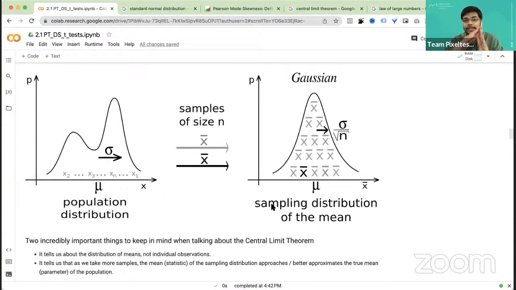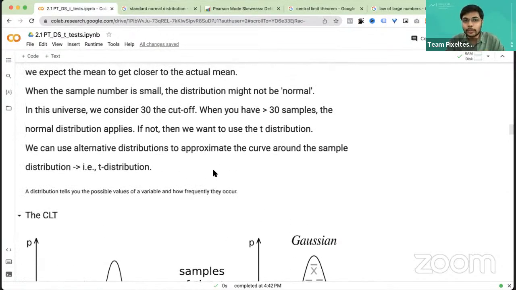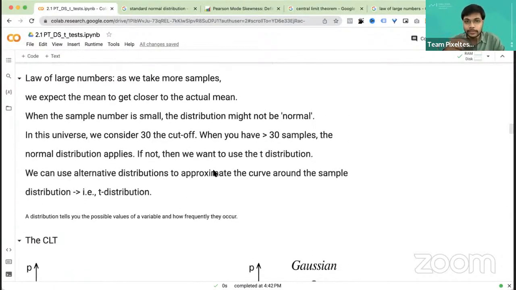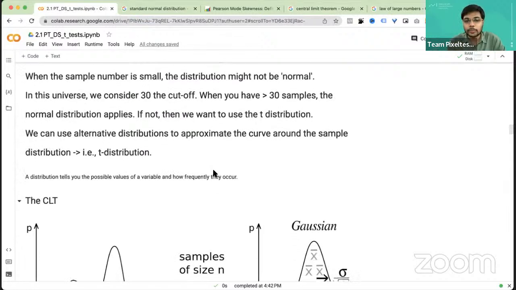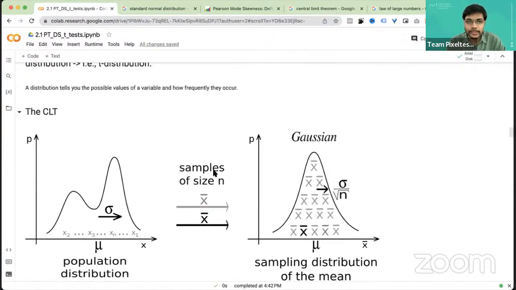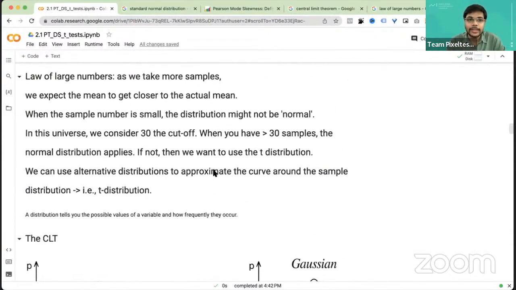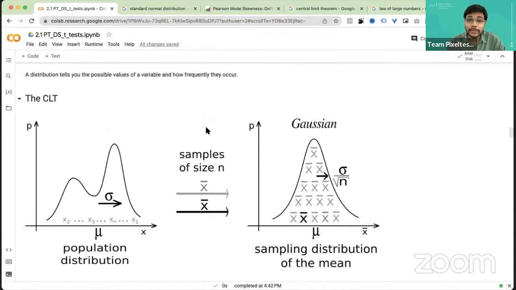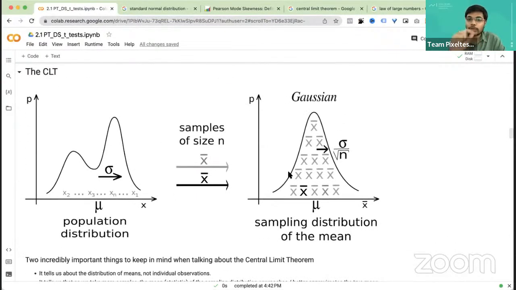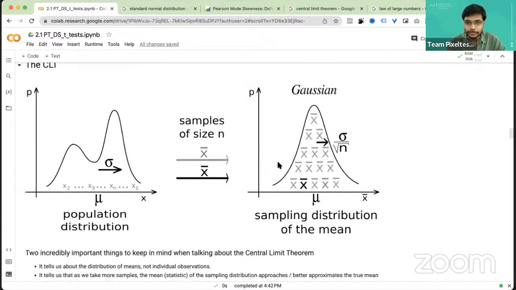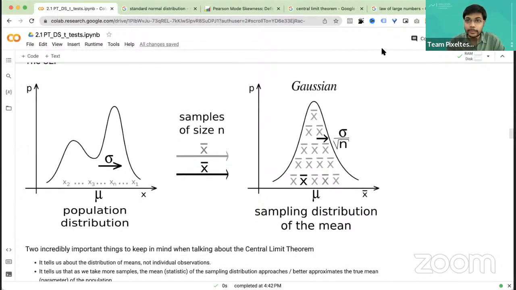Normal distribution we understand, which is a bell curve. These are similar laws. The central limit theorem says that if you plot a graph of all of these samples, it will be a normal distribution.